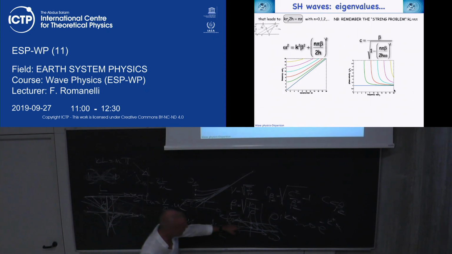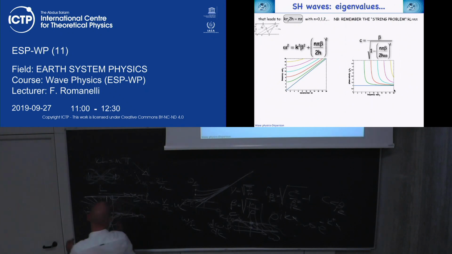Actually, why did we truncate them? Because this cutoff frequency is referring to angles that are beyond the critical ones. In the plate, we do not need it, because all the energy is staying there. If we're moving with angles less than the critical angle, okay, we can do some bouncings, but sooner or later, all the energy will go down. Because remember, every time that we have a ray that is moving like that, energy will leak.